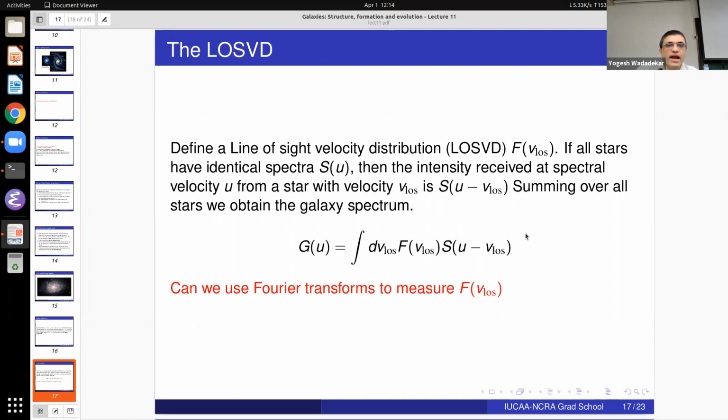Now the product of the Fourier transform of F and S will be equal to the Fourier transform of the G function. Right? So if you know S, you can measure F, knowing G. So in Fourier space, this becomes a little bit easier to do.